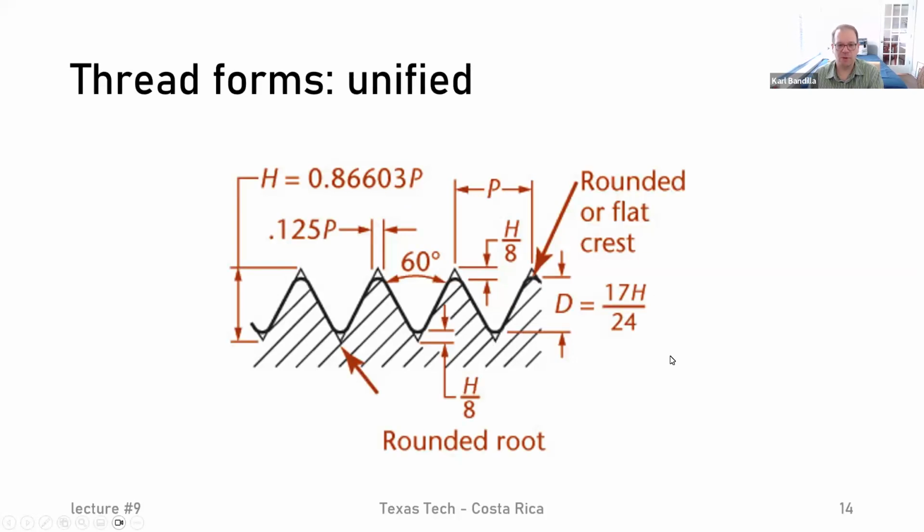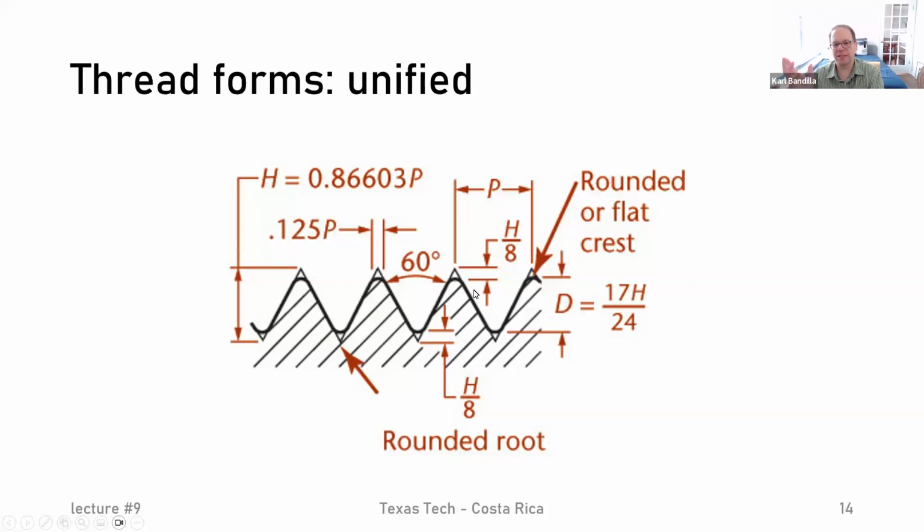So we came up with some other forms. One of them is called the unified thread form. That's the one that is mainly used in the US. You can see it gets rid of that problem by rounding off those tips in a curve. The thinner line you see would be just a straight-up V, but here it rounds them off.